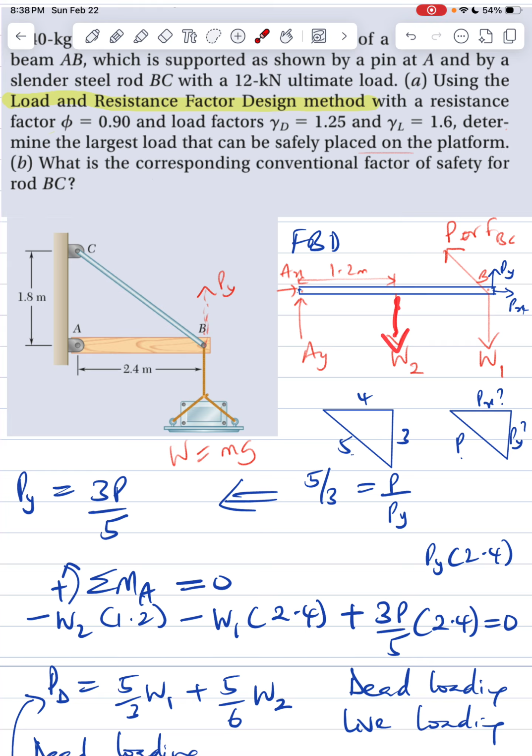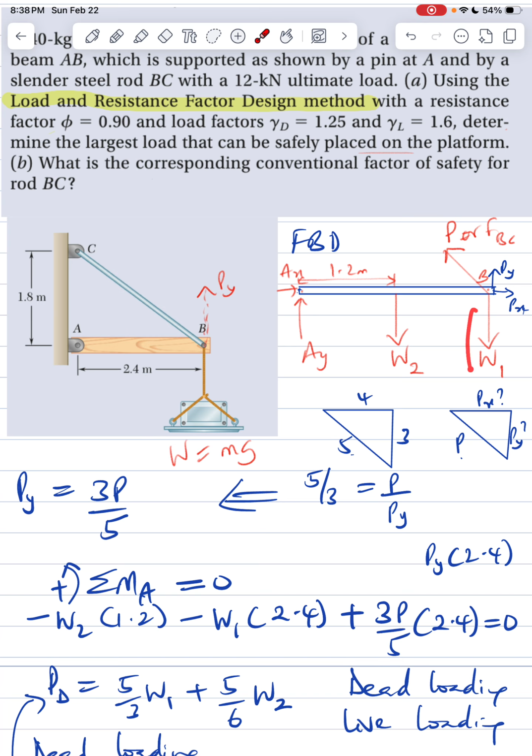So the W2 and W1 are acting downwards, negative, right? So we assume if you force apply, they tend to rotate this way. However, this force tends to go this other way. So that's why we say negative, and of course W2, which is due to the weight of this beam, is acting at the center, which is 1.2, half of 2.4 divided by 2, right?